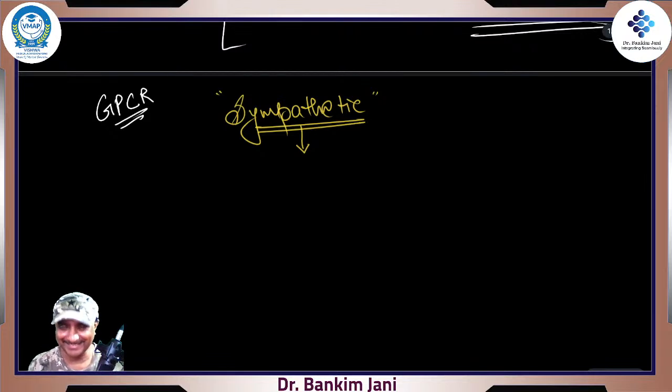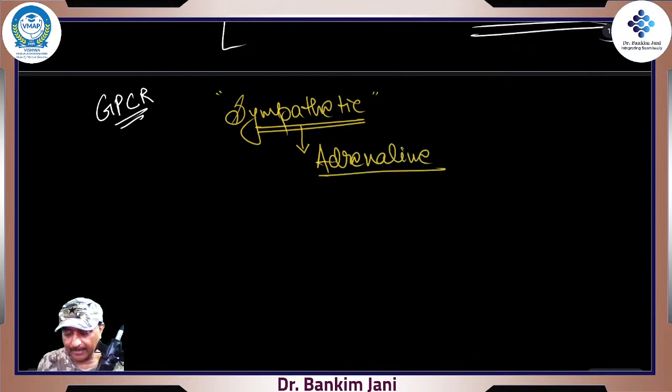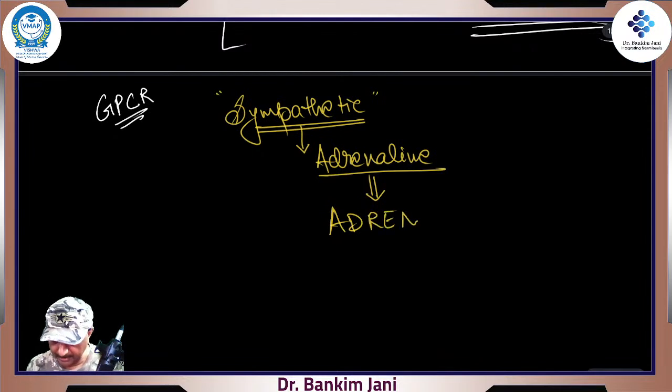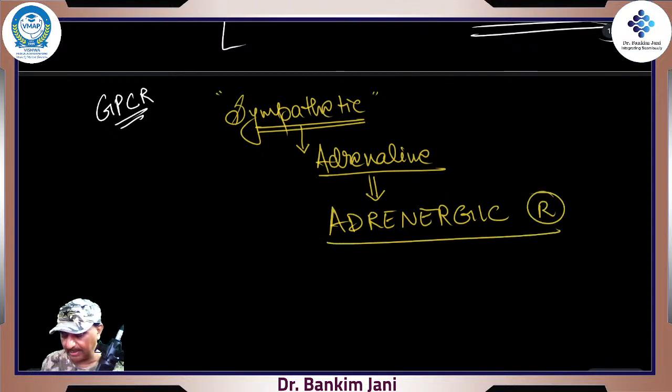So, the sympathetic nervous system, now we are going slightly deep. When it is the sympathetic nervous system, that means it is all adrenaline. And if it is adrenaline, those receptors we'll call adrenergic receptors. They understand the language of adrenaline.